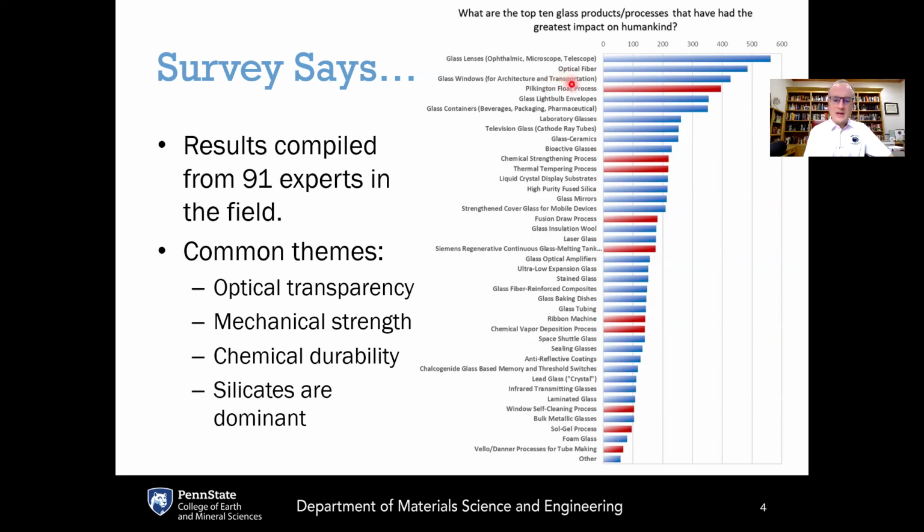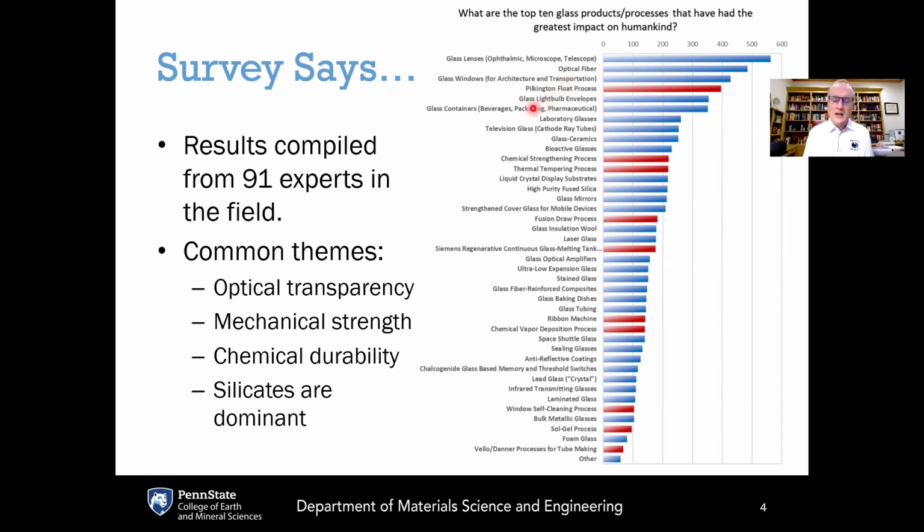So the point here is that it's not just about product innovations, it's also about process innovations. And as materials scientists and engineers, we need to keep in mind that development of new processes is just as important as the development of the new products themselves.